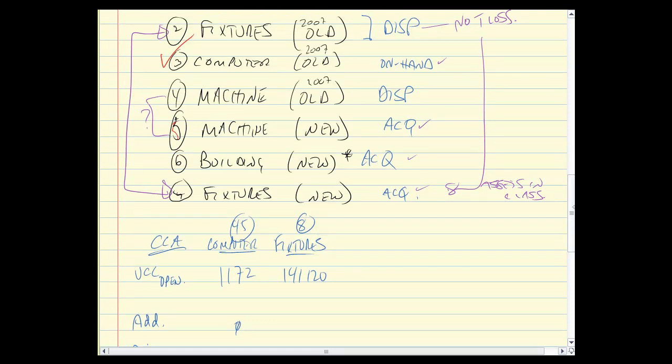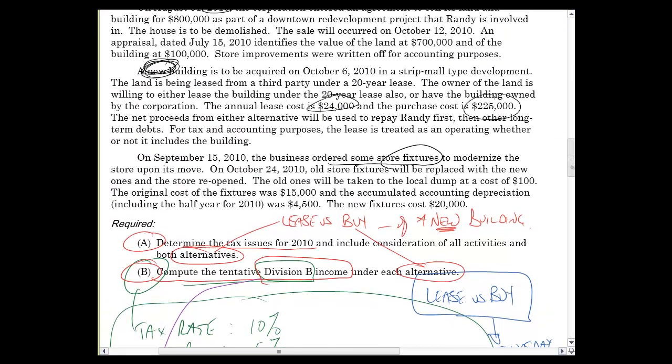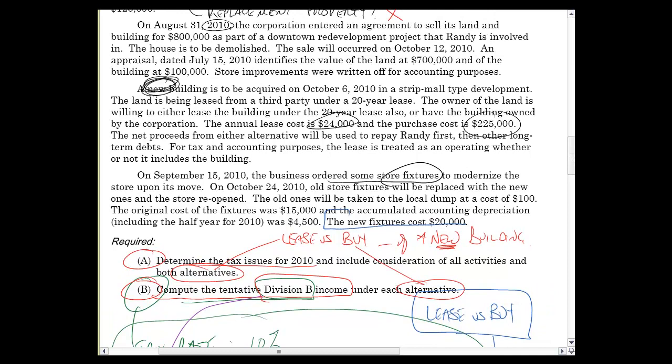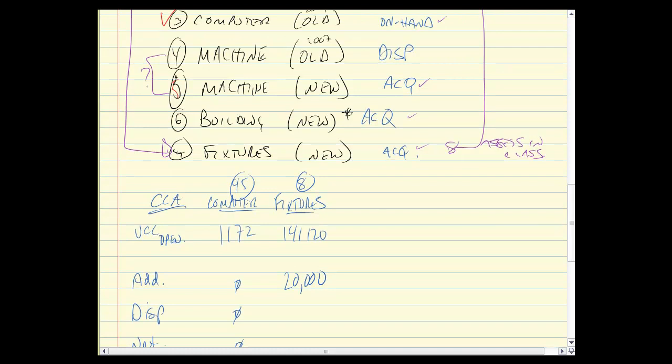The capital cost, right? And so for the most part, that's what we paid. So what did we pay? And I'll tip you off, it's the very last sentence of the question. We paid $20,000. Okay, so our additions are $20,000. We are not going to put the new machine in here. Okay, we will put the new machine in its own class where it belongs.